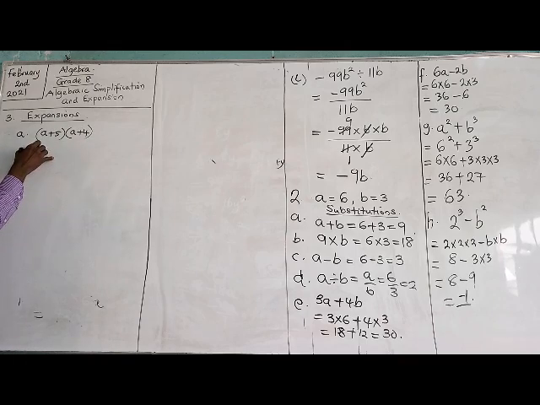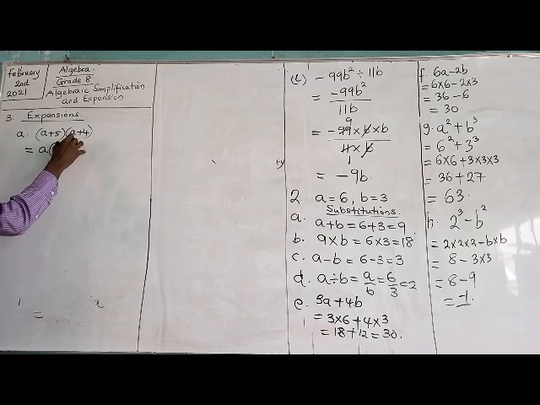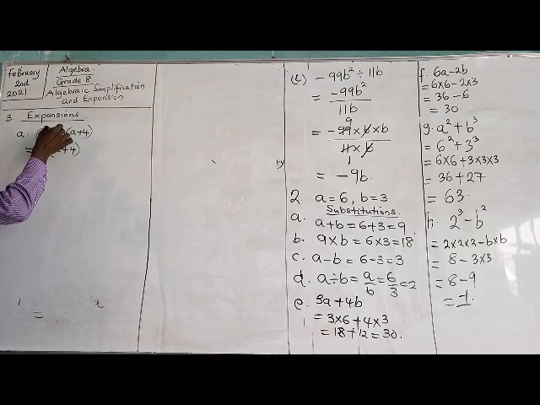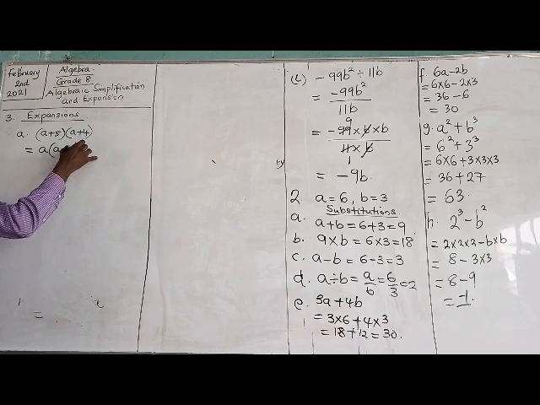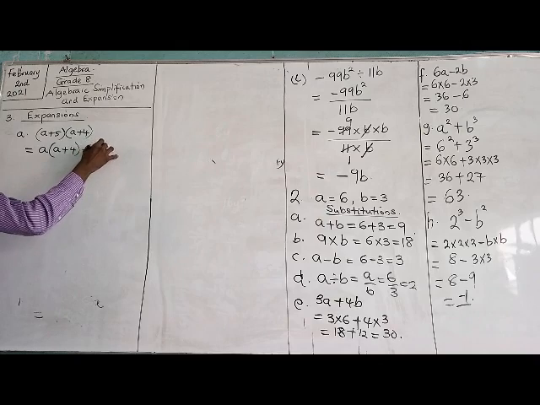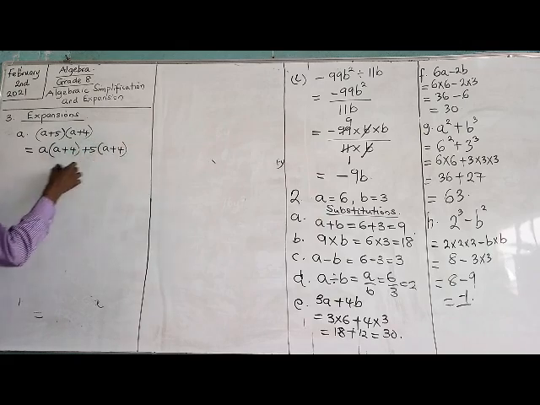So in doing that, we pick A from the first bracket, we use it to multiply everything in the second bracket. Then we pick 5. 5 is plus or positive. 5 cannot stand on its own, it has to stand with a certain sign. And that will be plus 5 into A plus 4.